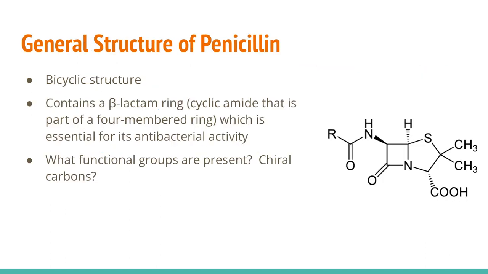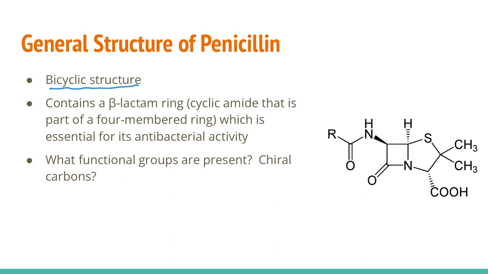In terms of the structure of penicillin, we'll look at the general structure first. It's a bicyclic structure, and that's because cyclic means rings, so there are 2 rings within the structure. It contains a beta-lactam ring, which is a cyclical amide that is part of a 4-member ring.